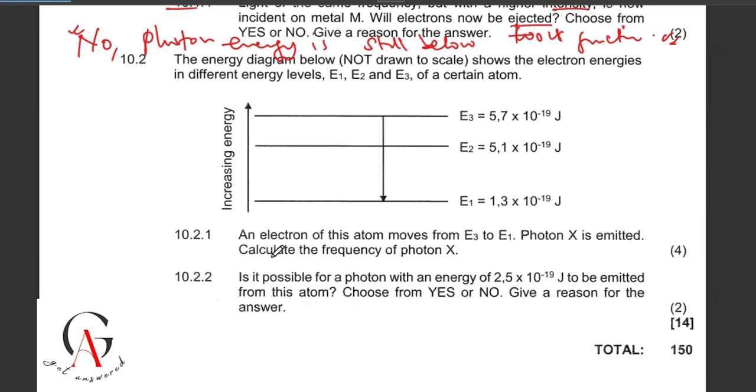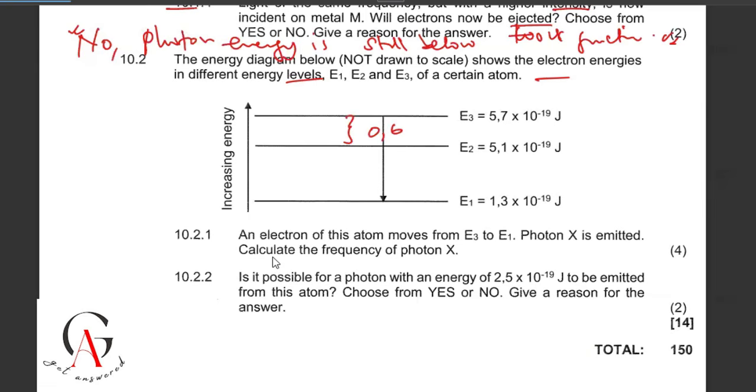All right, 10.2, the energy diagram below, not drawn to scale, shows the electron energies in different energy levels, E1, E2, E3 of a certain atom. And so if we look at the difference between these two, we have 0.6.